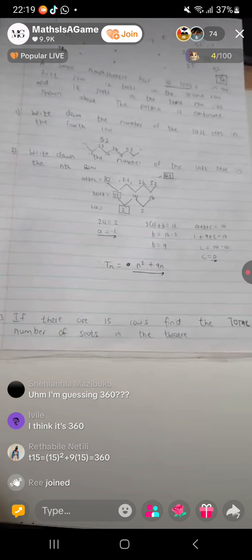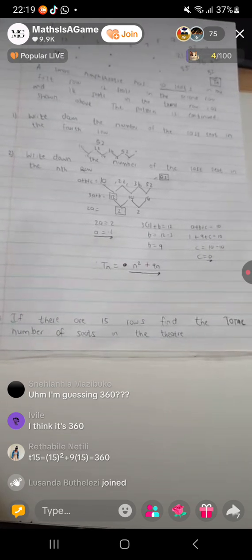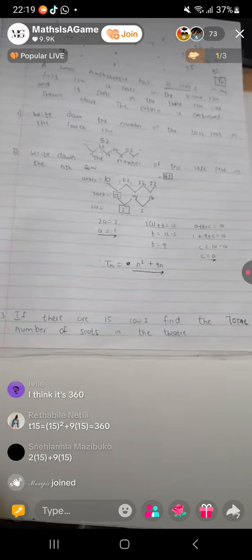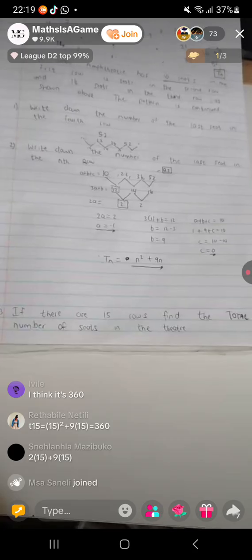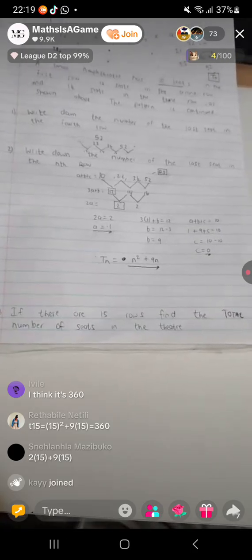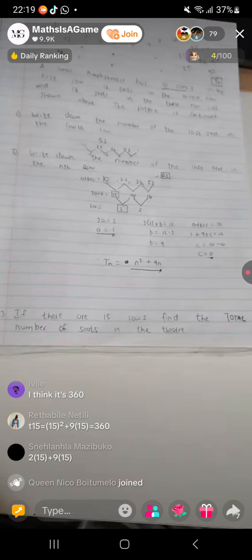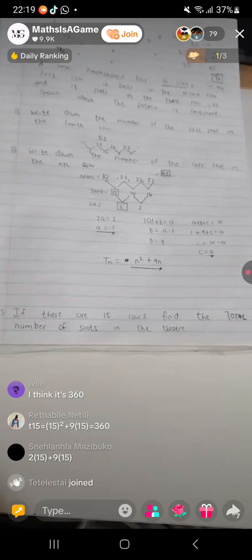Ritabile says T15. Okay, why is it T15? Why specifically do we substitute that 15 in the place of n to get our answer? And do we all agree, guys?